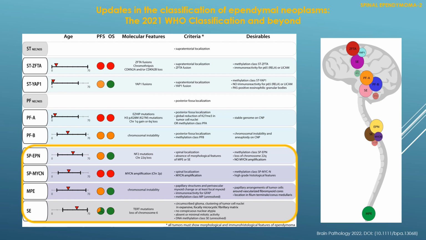As you can see in the outcome column in red, the most dismal prognosis occurs in spinal tumors with MYC amplification. Among the spinal ependymomas, the ependymomas bearing MYC amplification are the most aggressive.